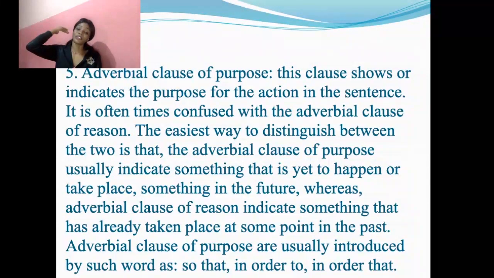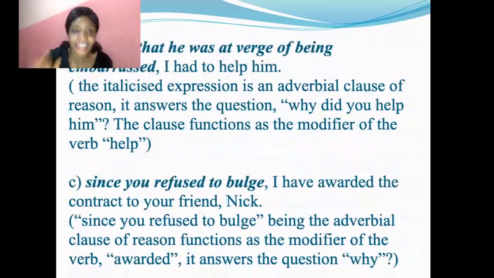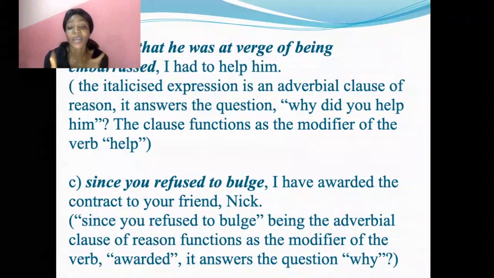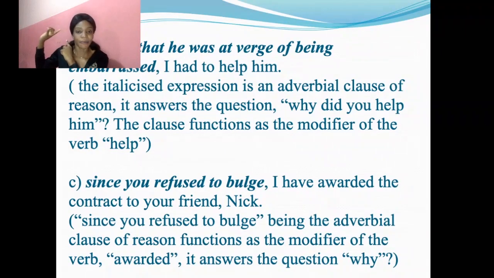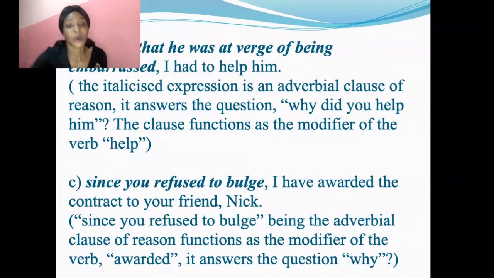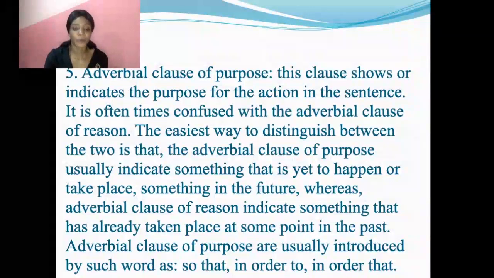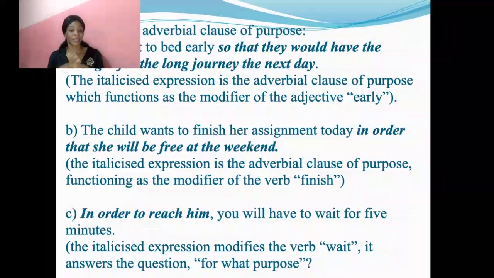Now, let's look at the example. "Seeing that he was at the verge of being embarrassed, I had to help him." It's something that you've done. You're not about to do it. That is reason.